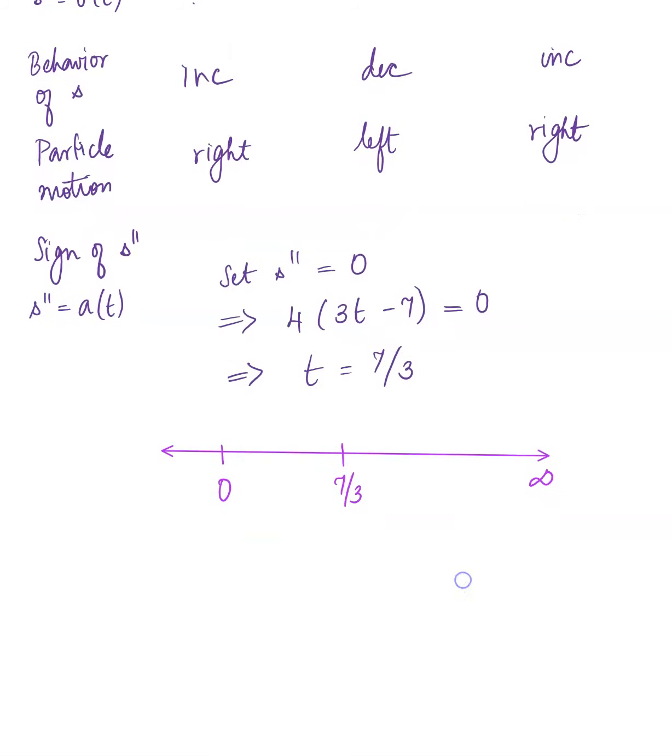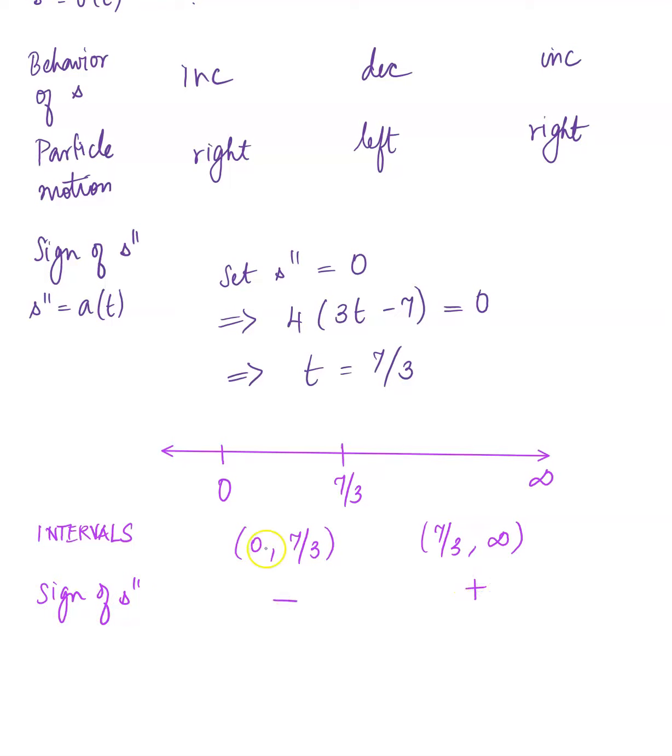So my intervals would be 0 to 7 over 3 and 7 over 3 to infinity. Now I'd write the sign of s double prime. The sign here will be negative, the sign here will be positive.